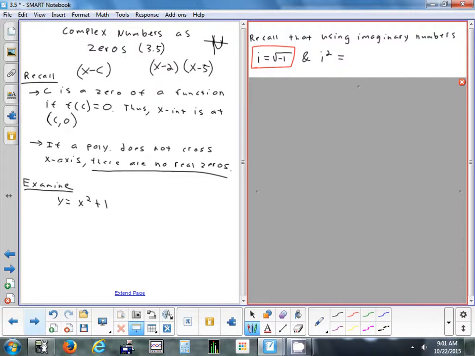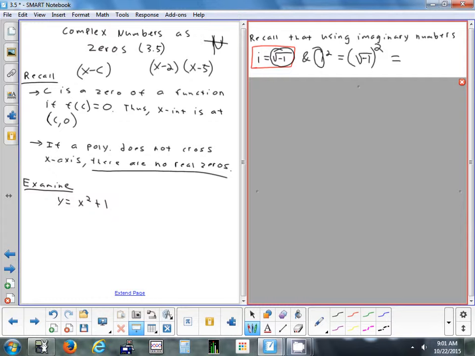All right, so I want to figure out what i squared is. Okay, so in that definition, it says i is the square root of -1. So I'm just going to take that and fill it in right there. So i is the square root of -1, and I'm going to square it. Okay, that's i squared. Well, what happens when you square and square root?